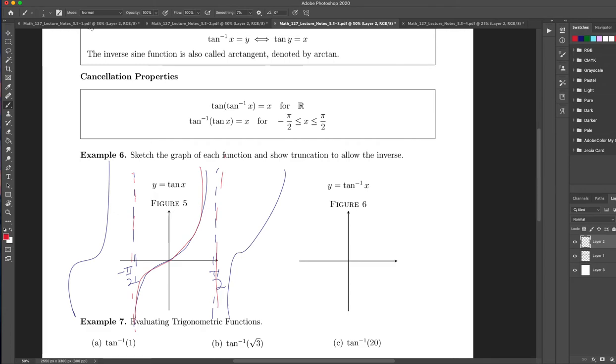So if I ever do this, and then I just flip this on its side, here it's going to be from minus pi over 2. Oops, let me just do this back. Let me do this in blue. So this will be minus pi over 2 to pi over 2. Put in a dotted line.